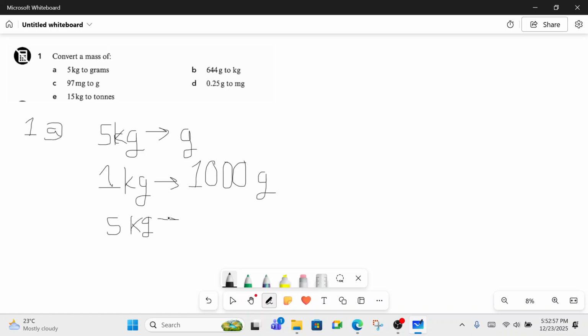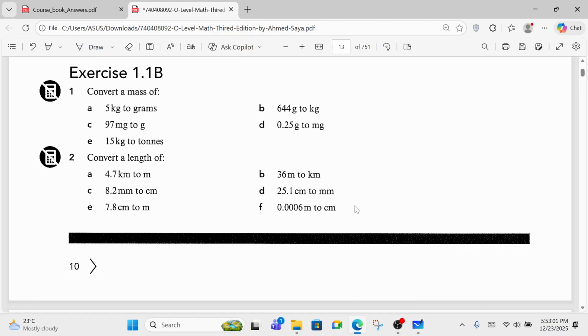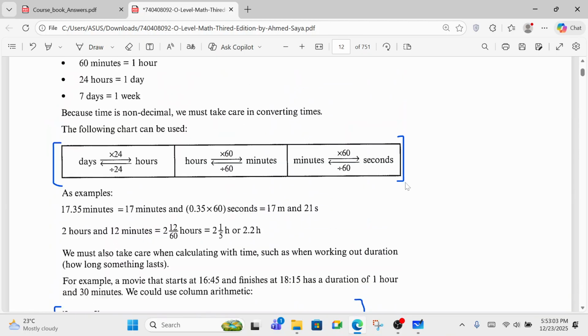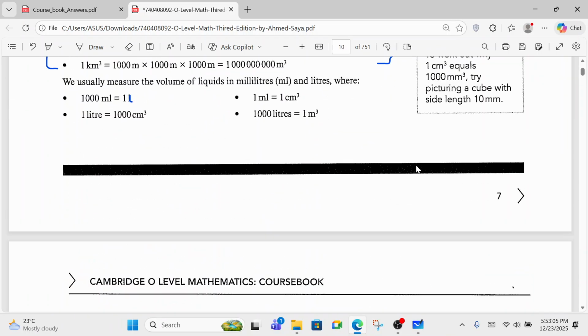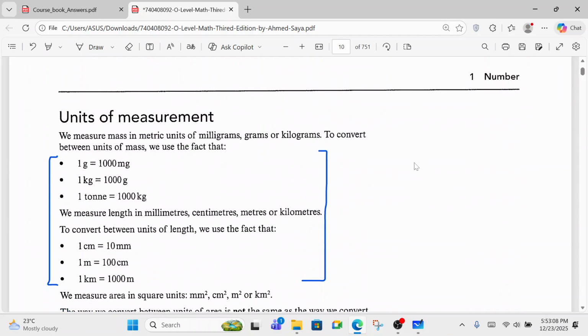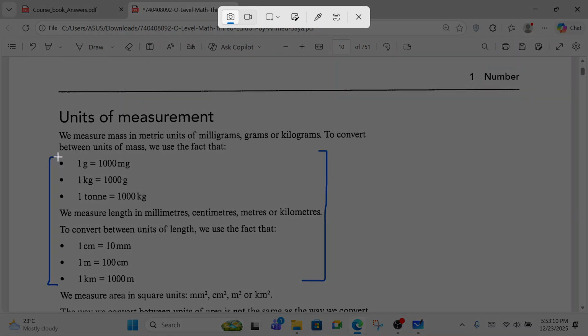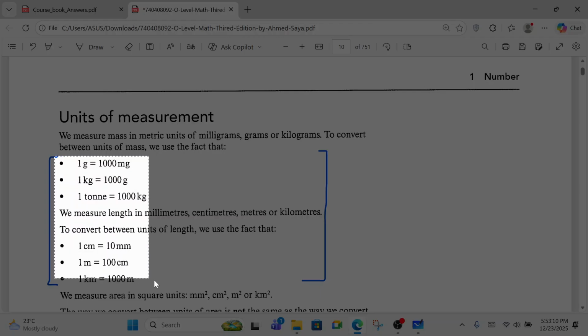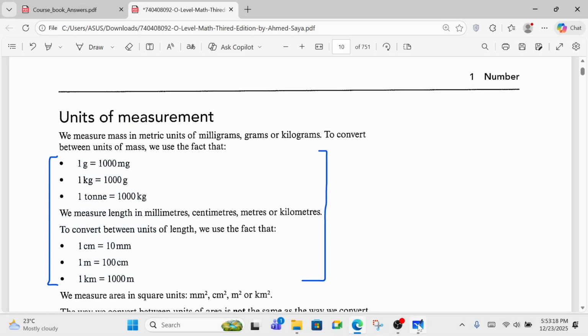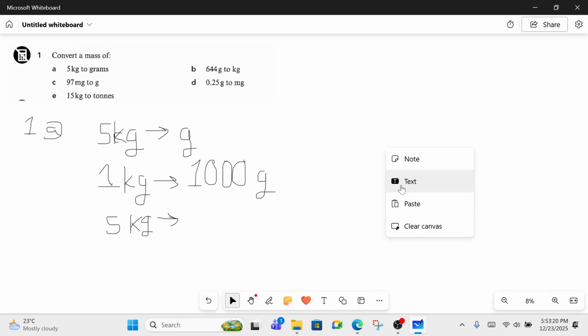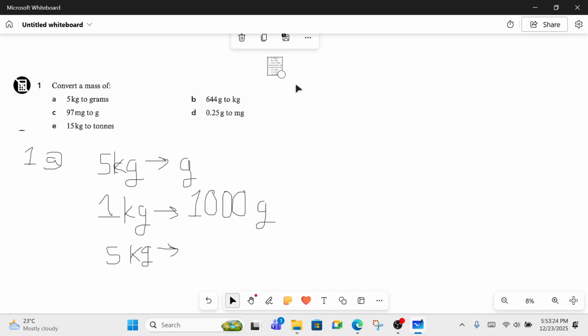So remember from the previous table that I just showed, I'm just going to copy it for the sake of this video. We had a table. Okay, this is the table that I was talking about. Now this should be more convenient for you guys to just copy this. Okay, I'm just going to keep this right here.